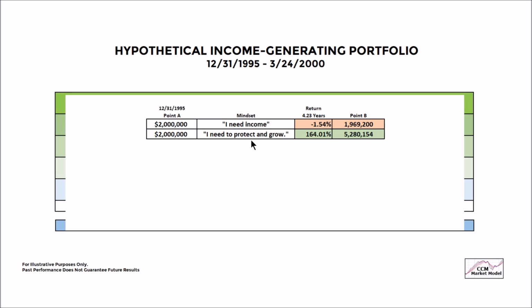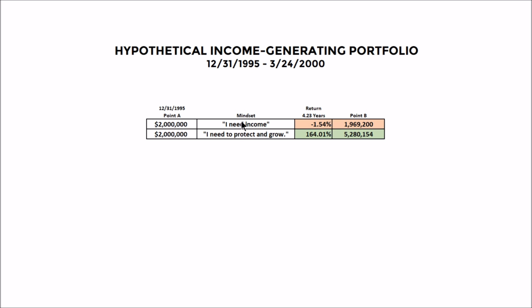If my mindset was broader, thinking I need to protect and grow my assets, my gain could have been much more satisfying. Simply using the S&P 500 to illustrate relative performance, 1.9 million versus 5.2 million.